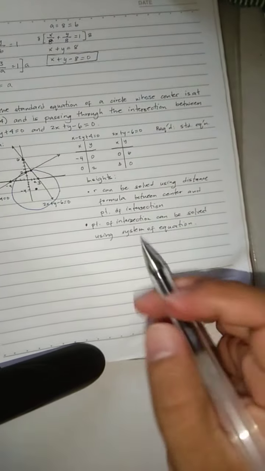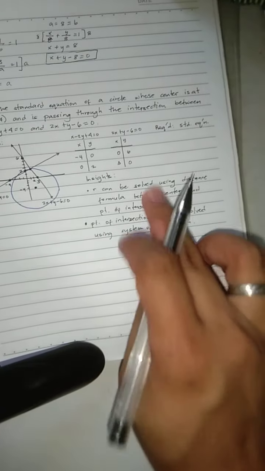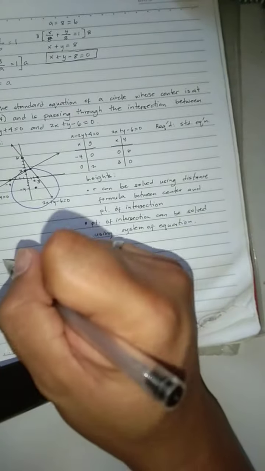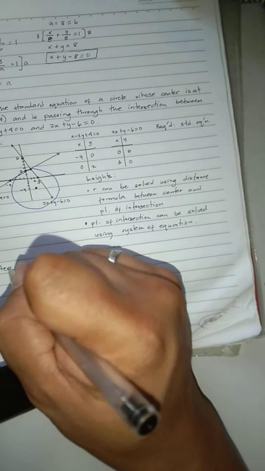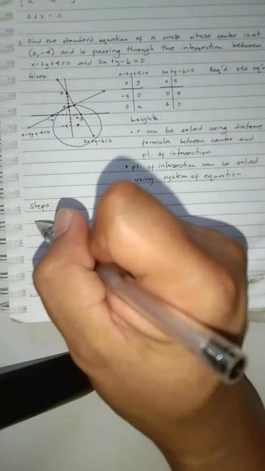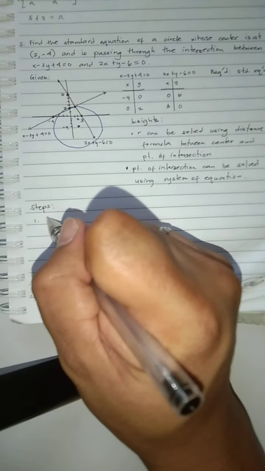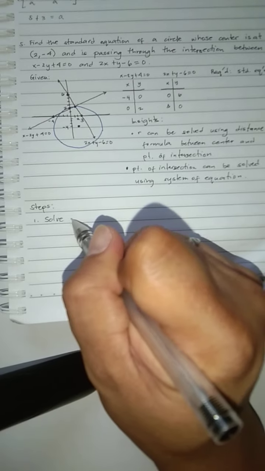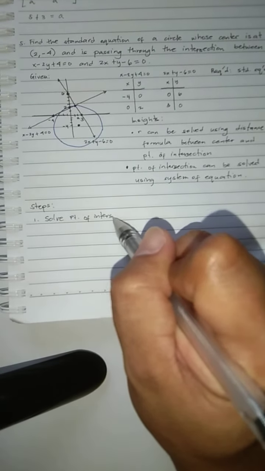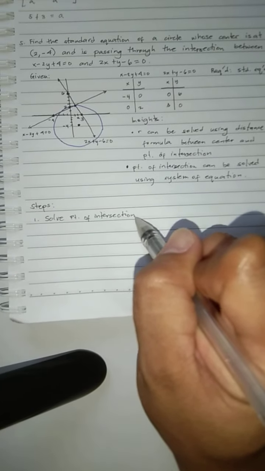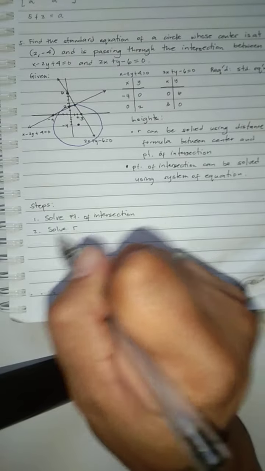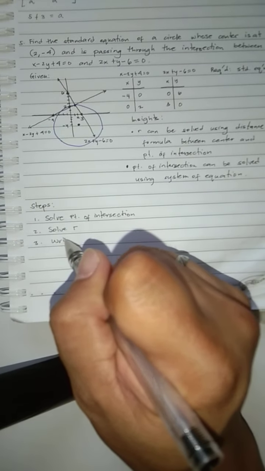So with that in mind, let's have our steps. For steps, first is to solve for the point of intersection, which we can name P. Next is to solve for r, and then write the standard equation.